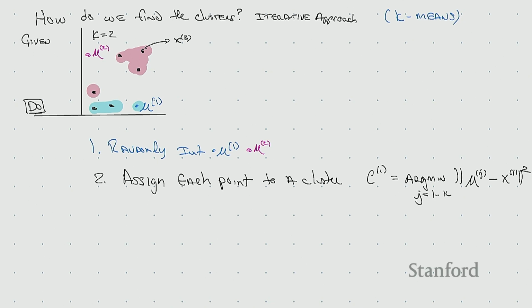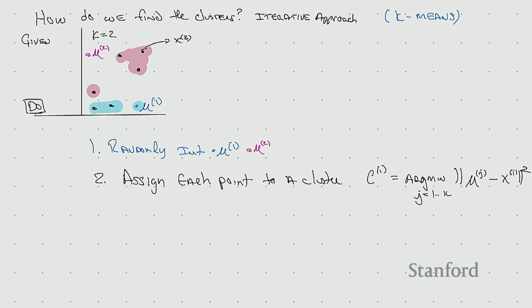I'm going to put a square there just because I like squares. So this says Ci, where I'm mapping the ith point, I just find the closest mu j to it, my current mu j. Okay? That's the way I'm doing the assignment. Every point goes to its closest center.